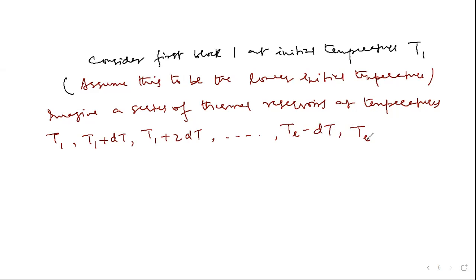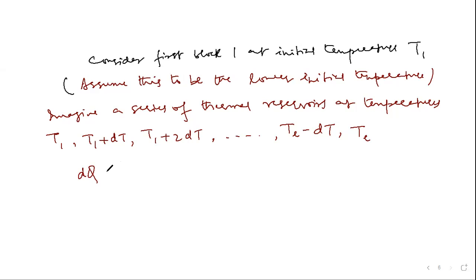So start with block 1 in contact with first reservoir and then move it one step at a time along the sequence. Now at each step an infinitesimal amount of heat dQ enters the block. The process is clearly reversible. How? Because at any point we can move the block back to the previous lower step and the same amount of heat dQ will flow from the block back into the reservoir.